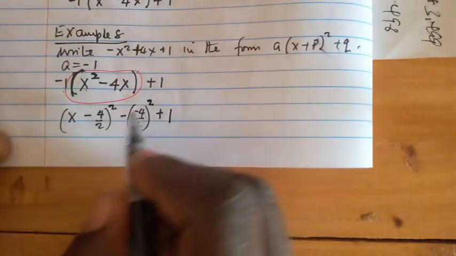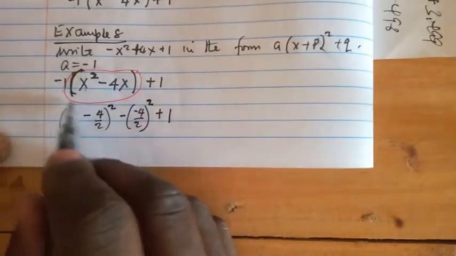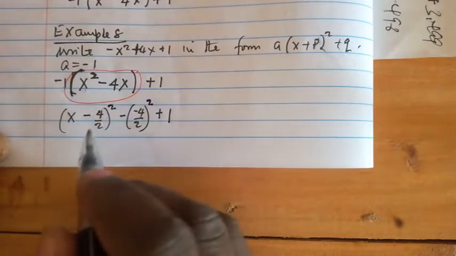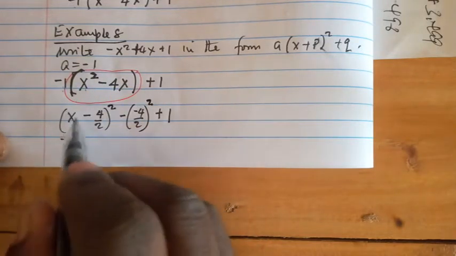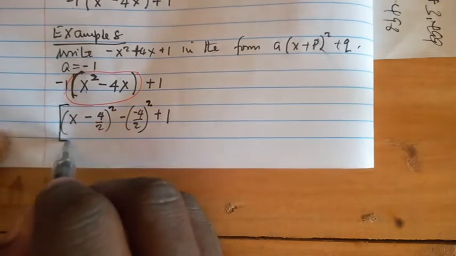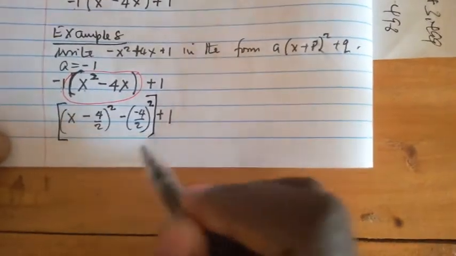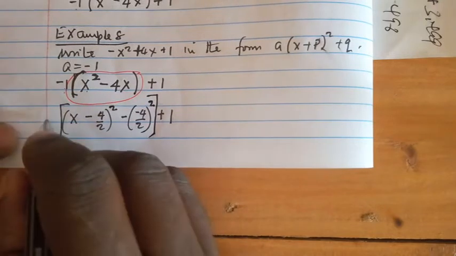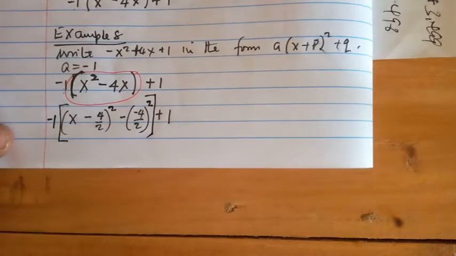But you can see completing the square is only within that part. And that part gives us this part. And it is that part that is going to be affected entirely by -1.